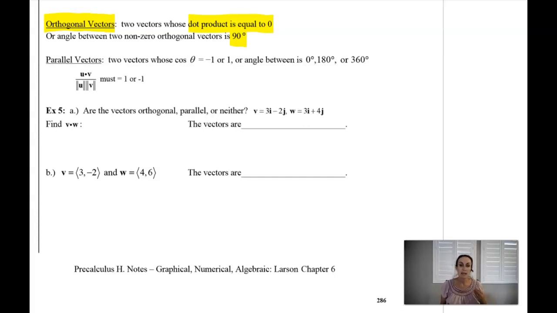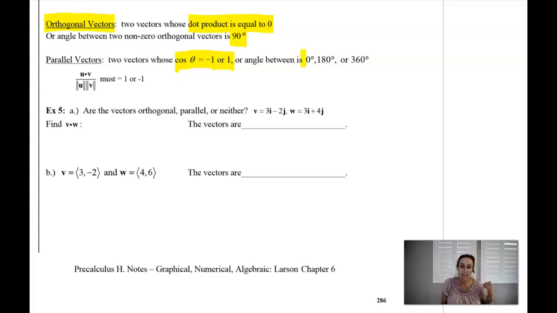Now, parallel vectors are going to be if the cosine of theta is equal to -1. Remember that we're asking which angle theta is when the cosine is equal to -1 or +1?